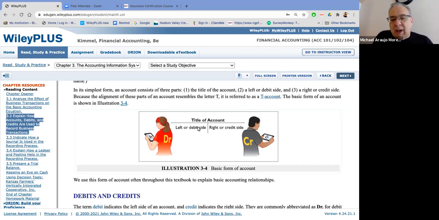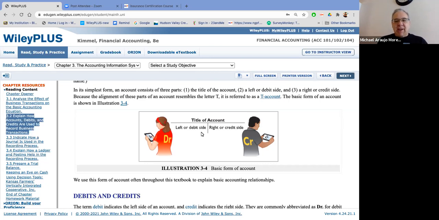And so accounts work with two sides. One side represents more of something in an account, and the other side represents less of something in the account, because only two things can happen in the account. You can either have more of it or less of it. That's it. Okay.